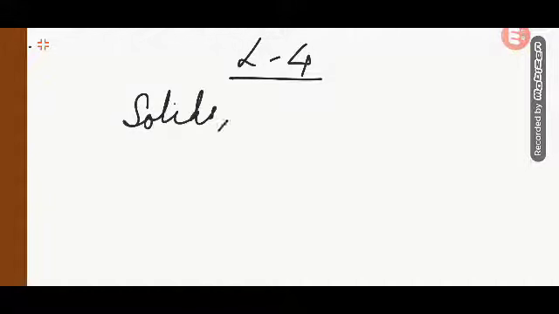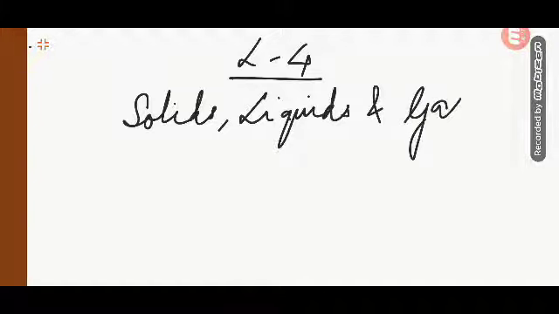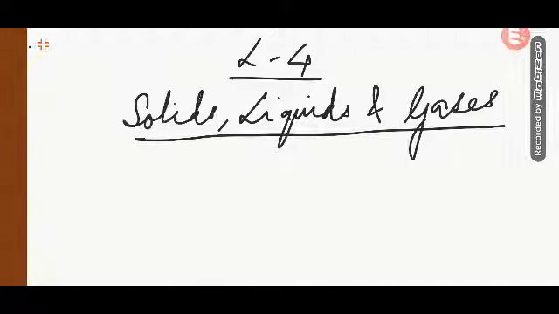Today I am going to start with the next lesson, not lesson number 3, but lesson number 4, solids, liquids, and gases. As you all know, there are so many amazing things around us, like sun, moon, stars, buildings, doors, windows, air, water, plants, animals.